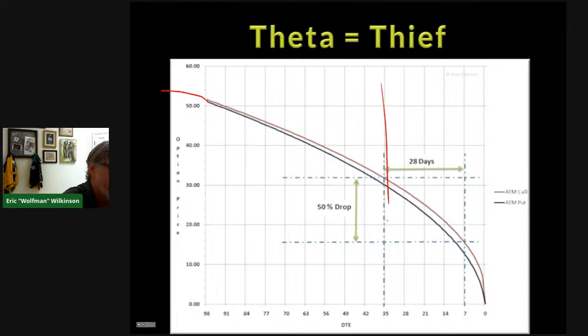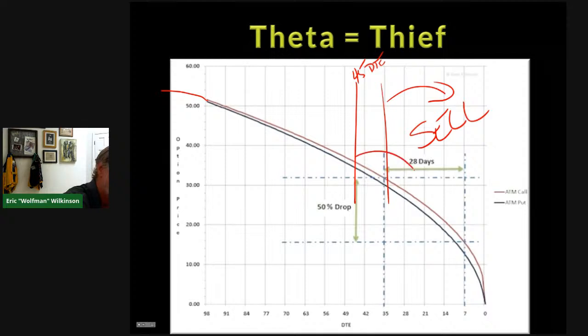So if you are inside of 35 days to expiration here, that is the sell zone. I actually will stretch it out. Most people will say right there, I usually will stretch it out maybe 45 days to expiration would be the extreme there. Get involved in there, and then you get this ramp up in Theta, all right?